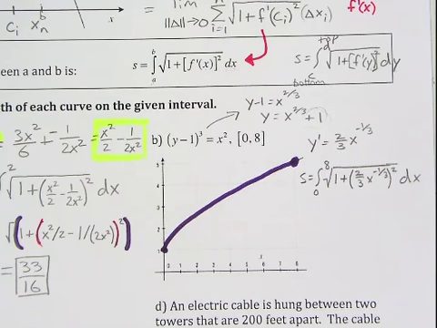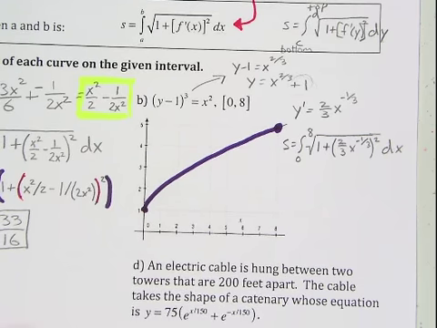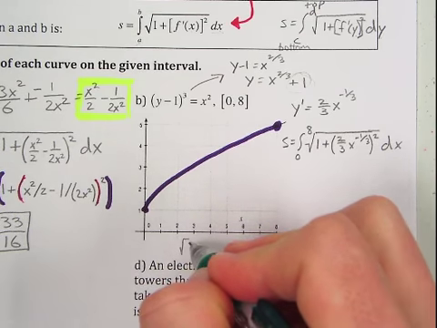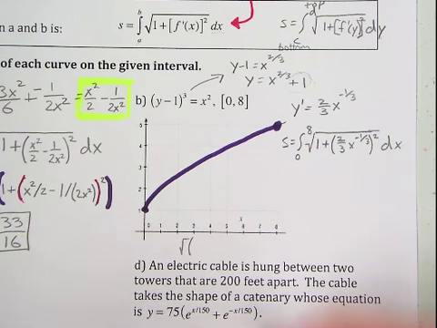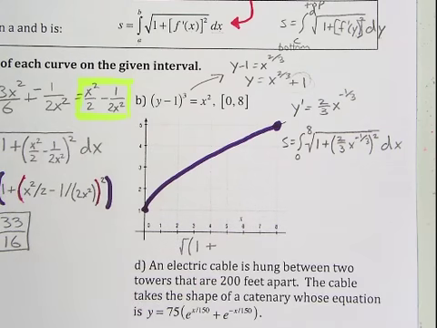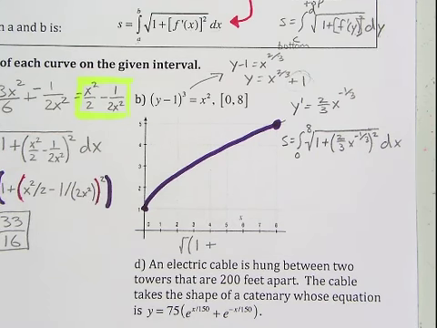So again, the trick is going to be putting this in our calculators. I don't know why I like to sketch it out sometimes. So help me out here. Parentheses? But 2 over 3.